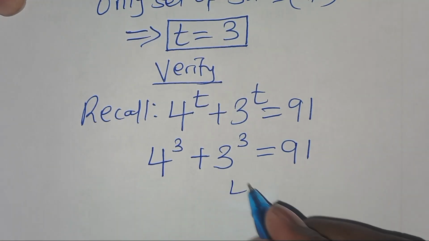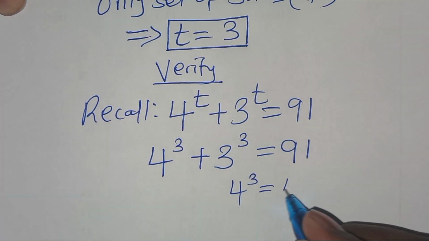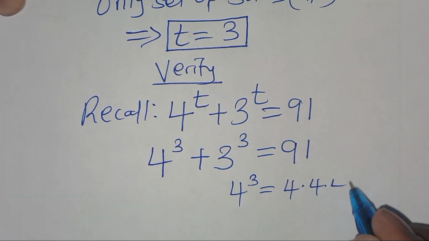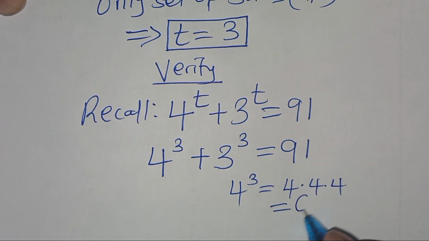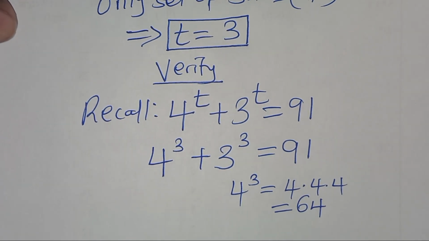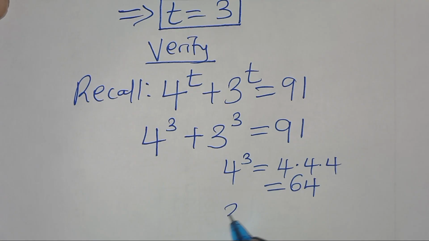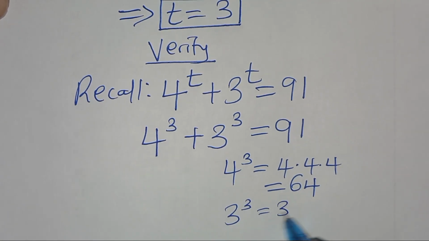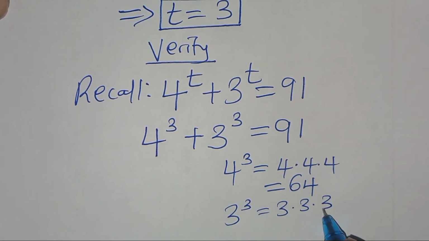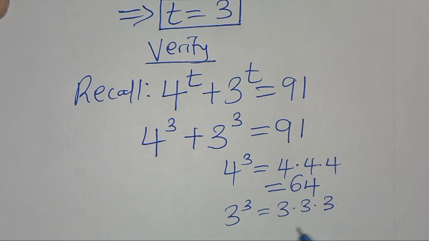So 4 to power 3 is the same thing as 4 times 4 times 4, and this is equal to 64. 3 to power 3 is the same thing as 3 times 3 times 3. 3 times 3 is 9, times 3 is 27.